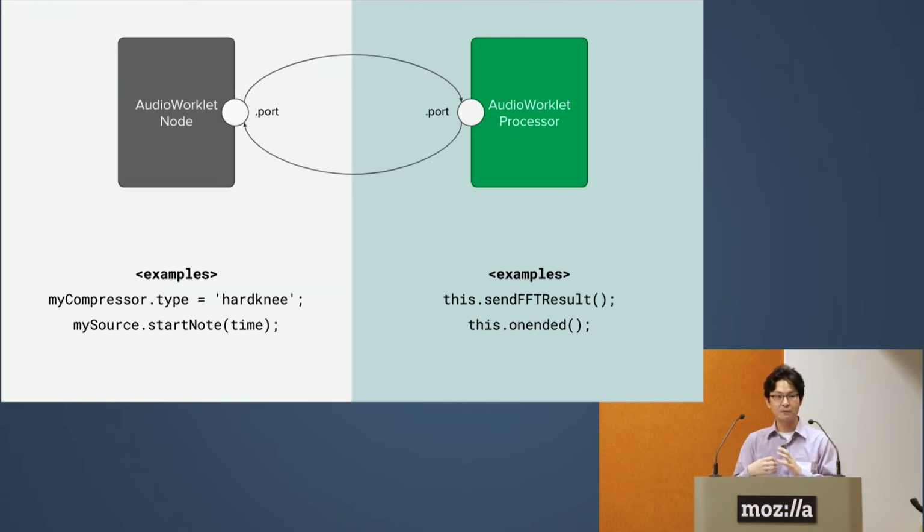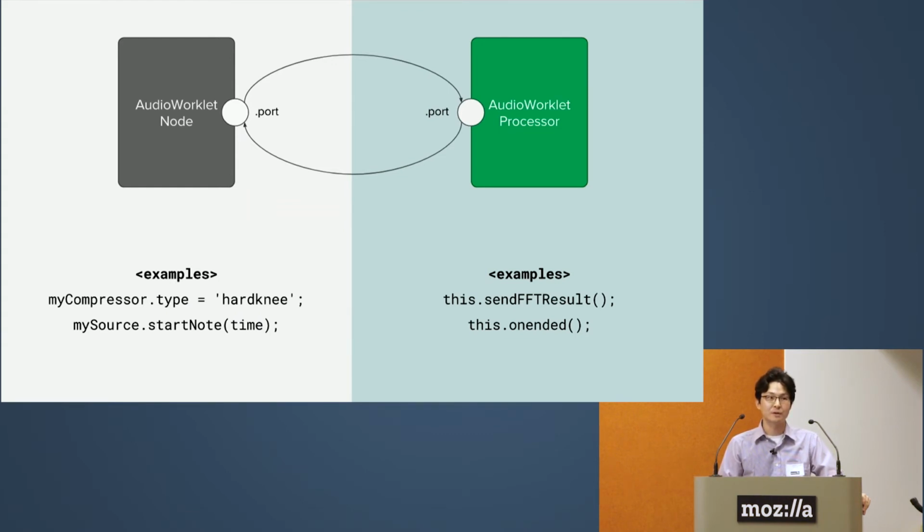I process FFT for the incoming audio stream. Now I get the result. How do I send this analysis result to the main thread? With the message port. So asynchronously, it will send the analysis data. And on the main thread, you can visualize those analysis data with Canvas or some fancy graphing framework, if you will.